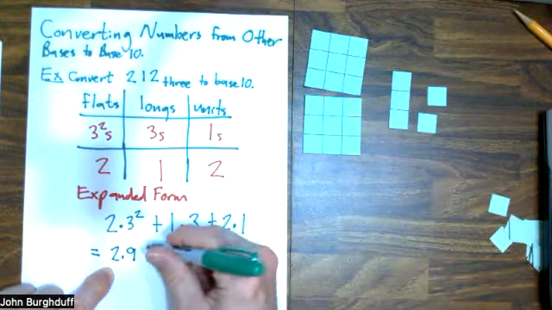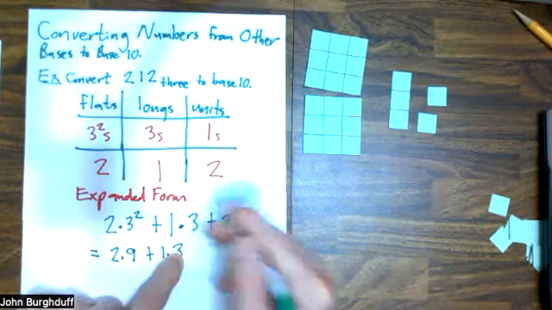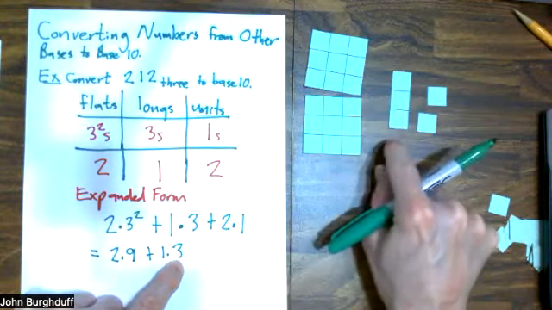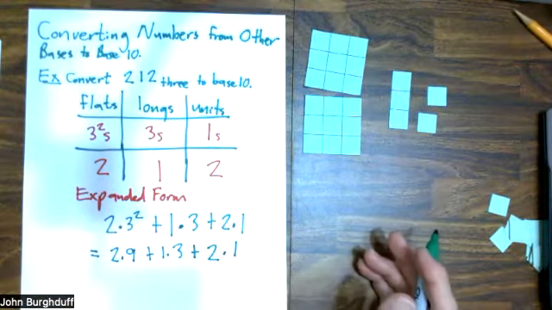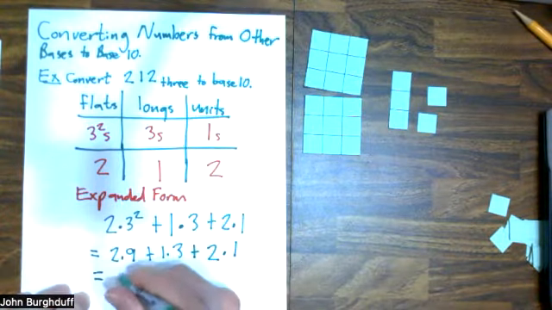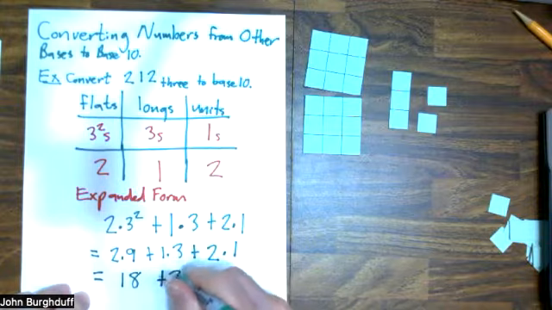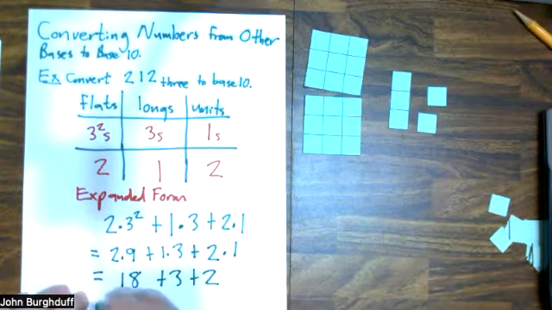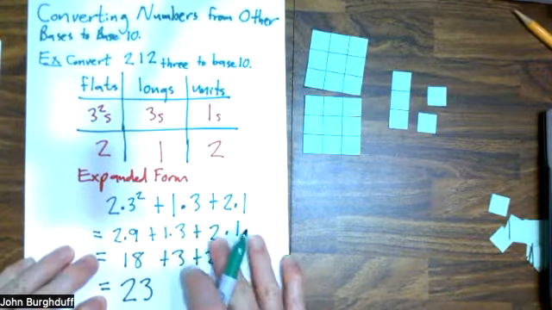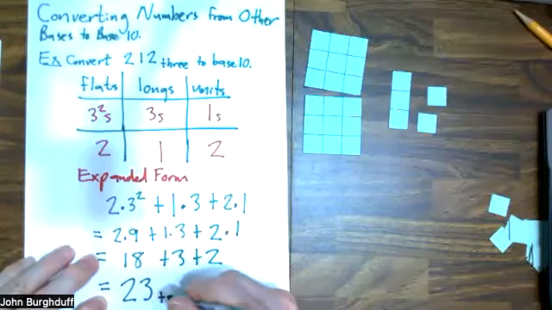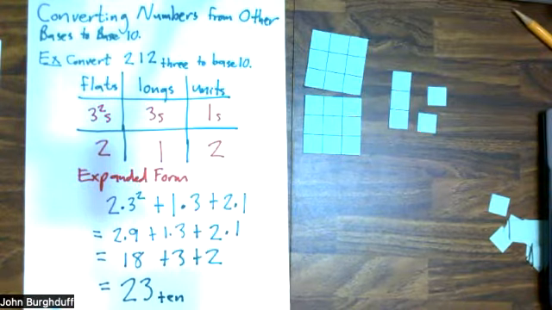We can see that plainly. 1 times 3, that means we have 1 long that has 3 units, and 2 units each worth only 1. Doing the math, this is 18, this is 3, and this is 2, and that adds up to 23, which is the base 10 number that is the equivalent of 212 base 3.